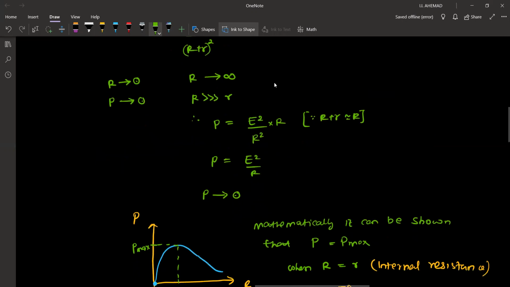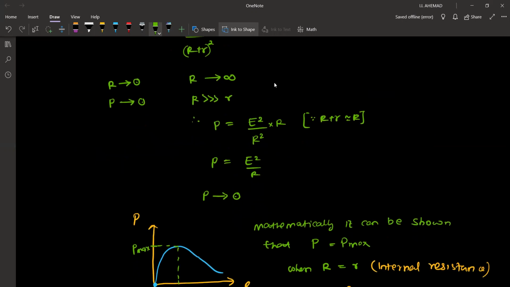Once you have copied down, let me know. Did you get the idea what is happening here?